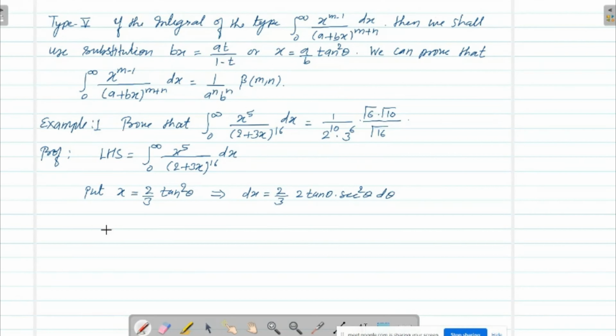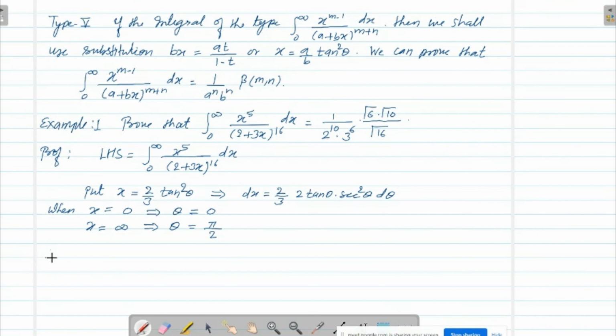Whenever you use substitution, just change the limit. When x equal to 0, this implies theta is 0. When x equal to infinity, this implies theta is pi by 2.